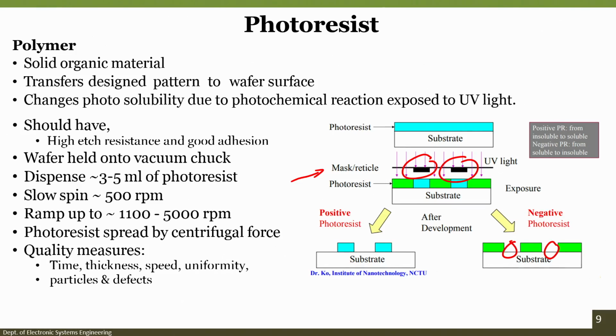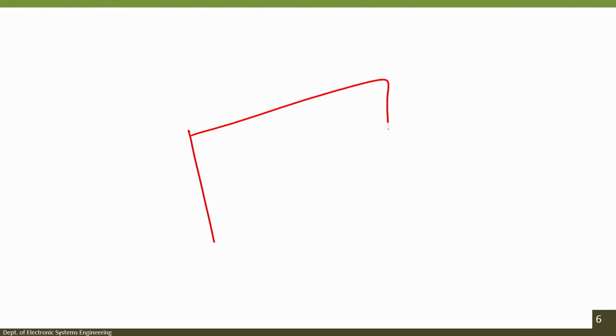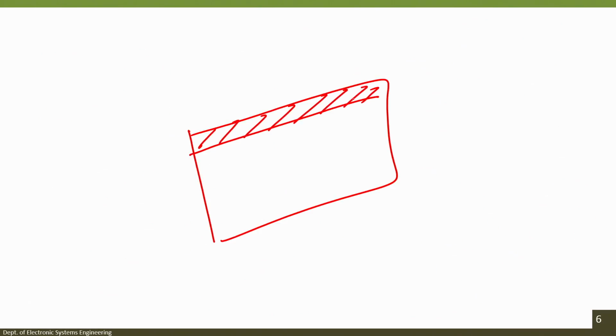Let us say you have a wafer, and after you perform the photolithography, you have photoresist in this area, for example. Then you perform hard bake.